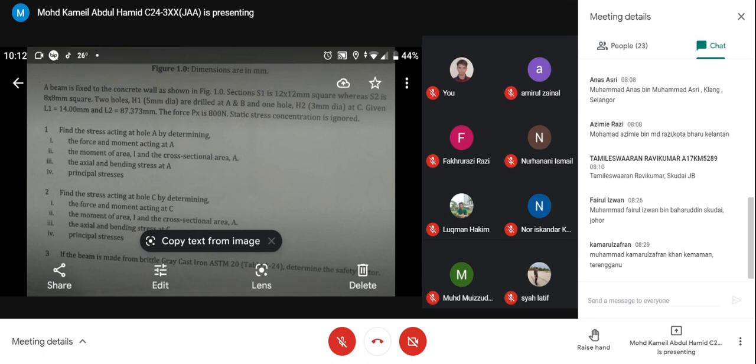You need to complete the exercise: find the stress acting at hole C on this problem. I already shared it. You need to submit by 11:10 to my email, I will send the email. Any questions before we wait?